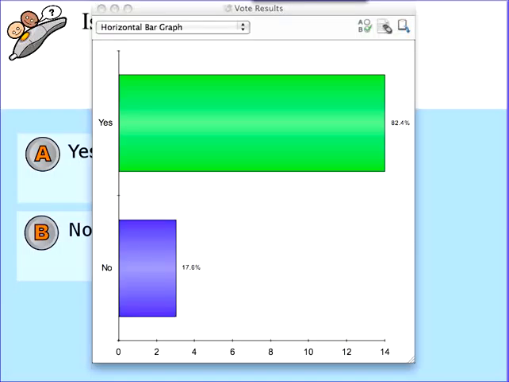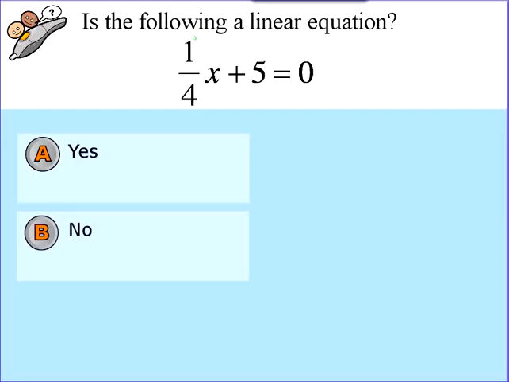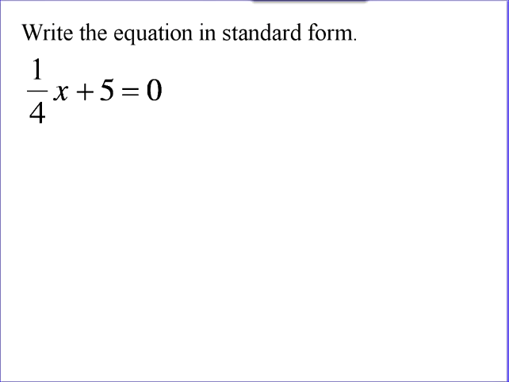Yes. Okay. Reason being, this has an X, it doesn't have a Y, but remember, Y could have 0 as the number in front. So now our next task, write this in standard form. So standard form, AX plus BY equals C. So basically the X's and the Y's are on one side, the numbers are on the other. What's the first thing you're going to do here?